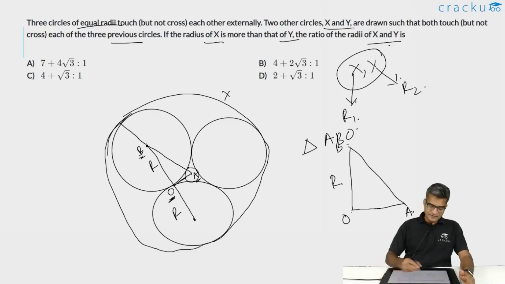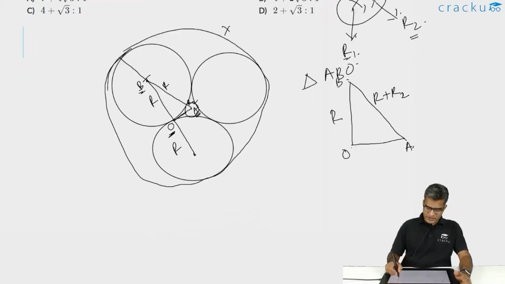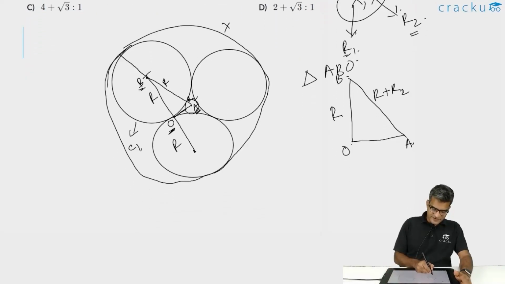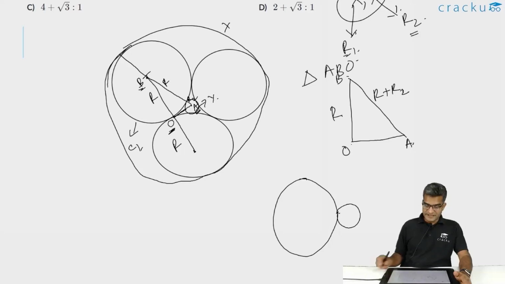What is the length of AB? AB is basically the sum of the radius of both the circles, which will be R plus R2, because R2 is the smaller circle, R1 is the bigger circle. So this is R2 and this is capital R. Because if you are looking at only this circle, let us assume that this circle is C1 and this is Y. Drawing this circle is actually slightly difficult.